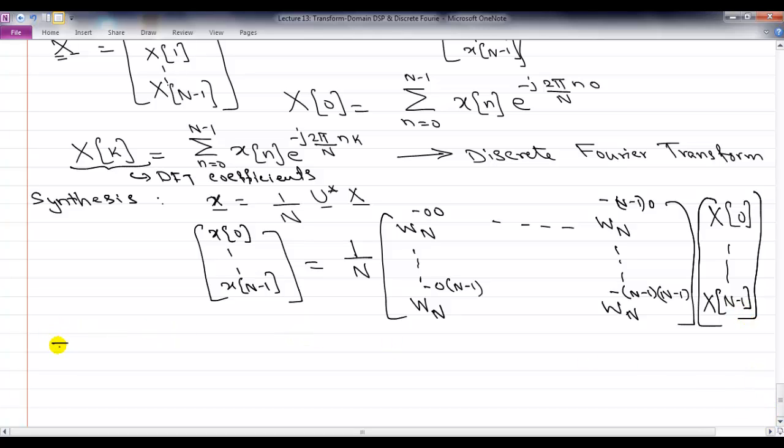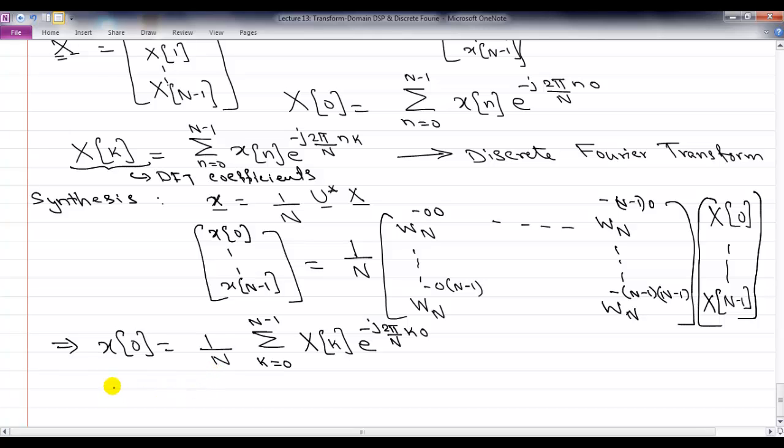So this means if I just look at the first entry, x0 equals 1 over N, because of the outside 1 over N, summation k equal to 0 to N minus 1 of X of k e to the minus j 2 pi over N times k·0.